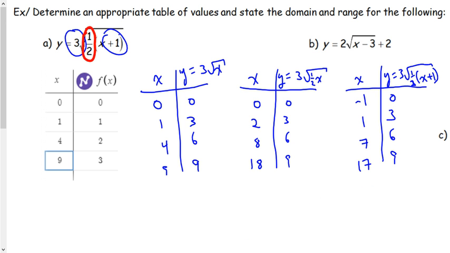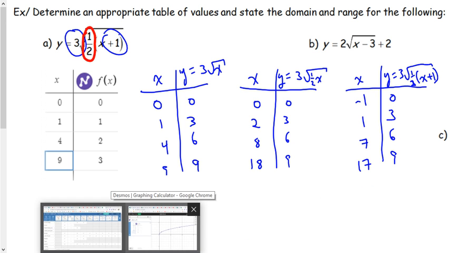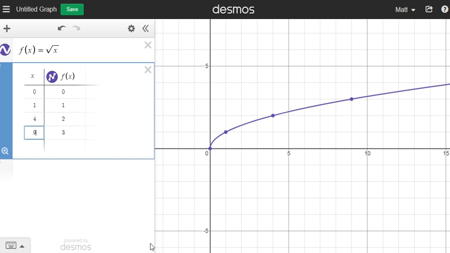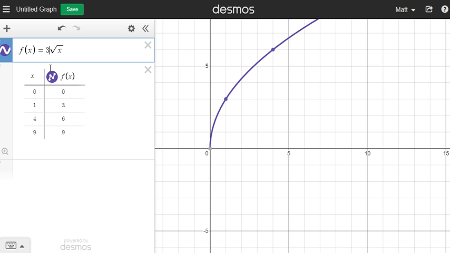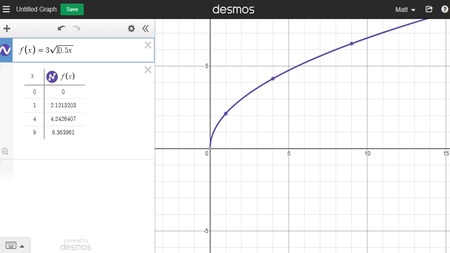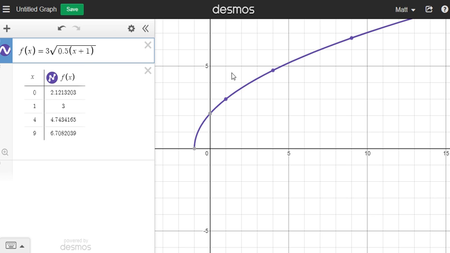Let's hop back over to Desmos and do these transformations right now. Let's actually put this equation in. So I'm going to make these changes. I'm going to have this as a 3, multiplying my y values by 3. I'm going to divide my x values by a half. And then using brackets, just to be really careful, I'm going to move it 1 to the left.